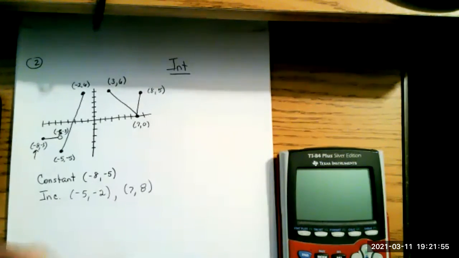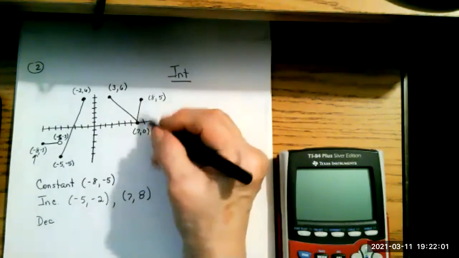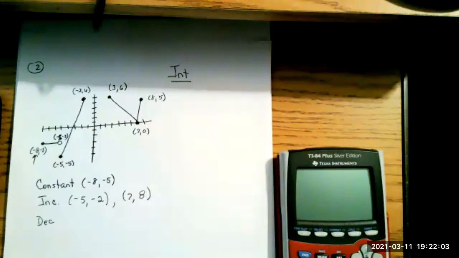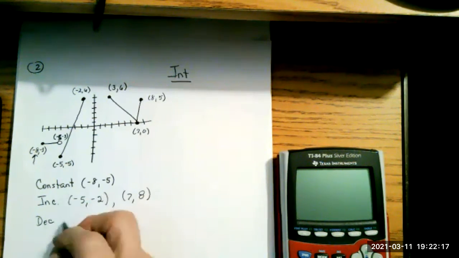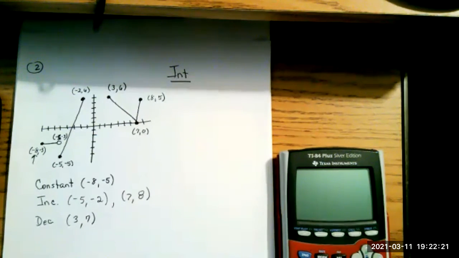Okay. How about decreasing? Is that a 3 to 7? That's it. 3 to 7. Okay, good job.